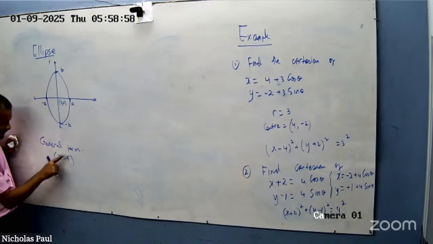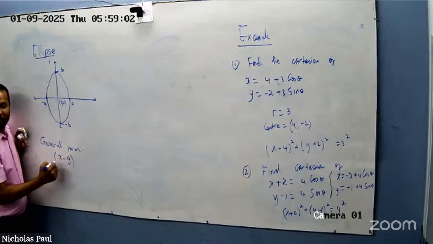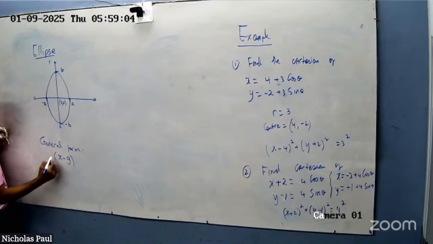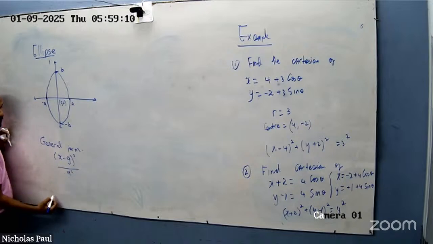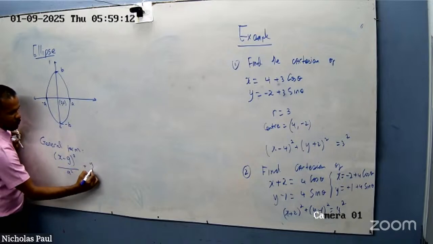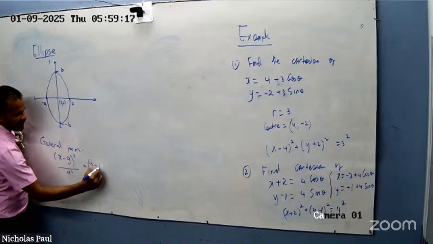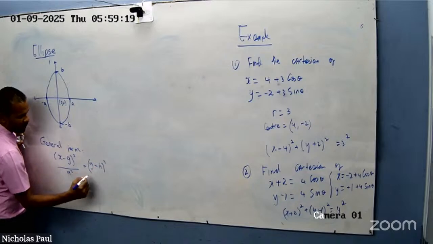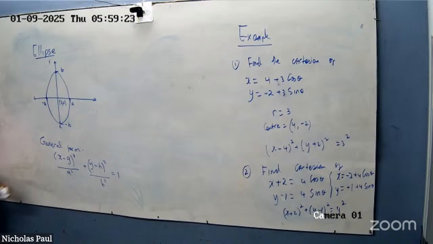G. So the general form for an ellipse looks like this: (x minus g) squared over a squared plus (y minus h) squared over b squared is equal to 1. That is the general form for an ellipse.